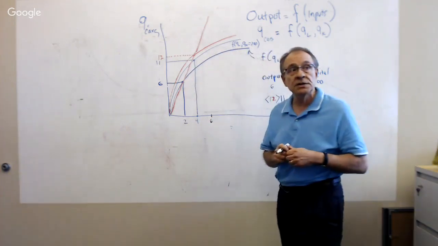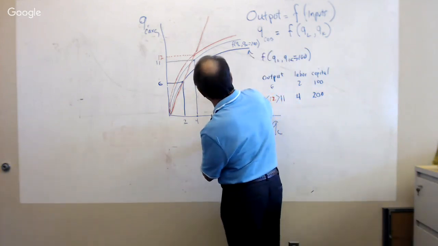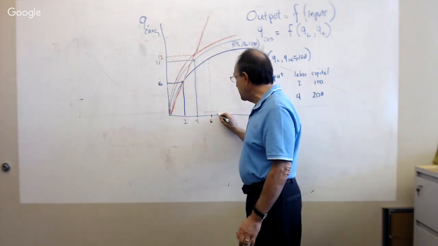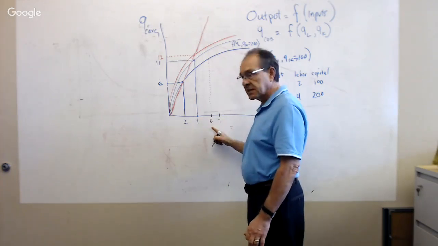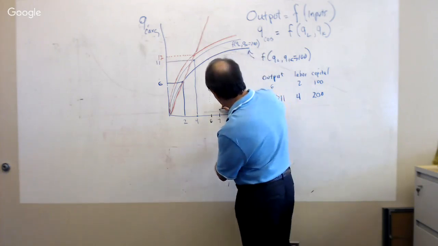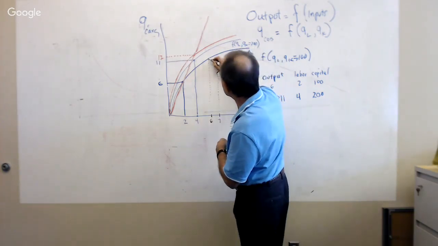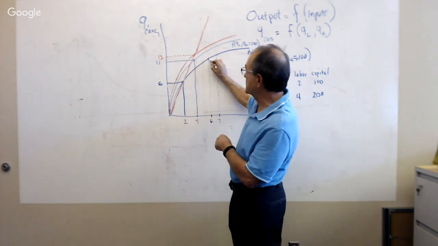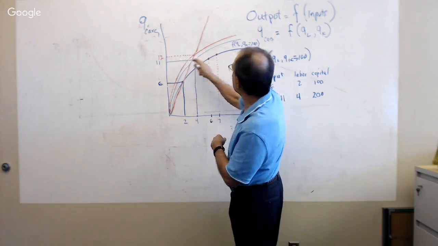Let's say I'm using 6 units of labor already. Then I increase labor by 1 unit to 7, so I have 1 more worker, and I check what happens to production. The level of production rises from almost 11 to about 11.5.